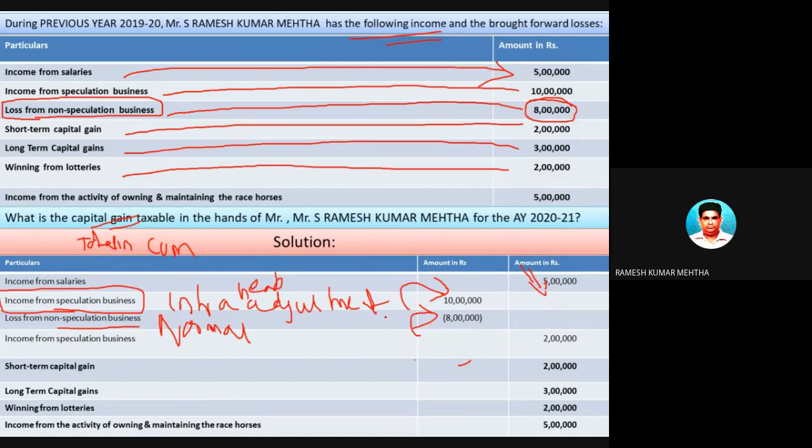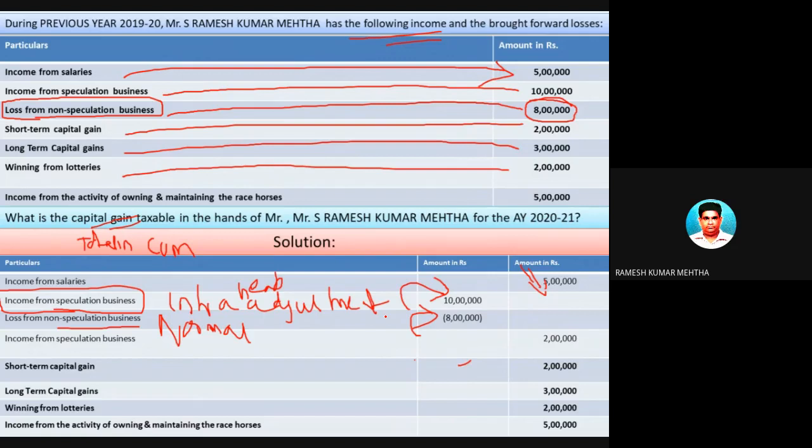Please remember the rule under intra-head adjustment. Speculative business loss can be set off against speculative business profit only, and cannot be set off against any other income, including non-speculative business income. However, non-speculative business loss can be set off against non-speculative business profits as well as speculative business profits.